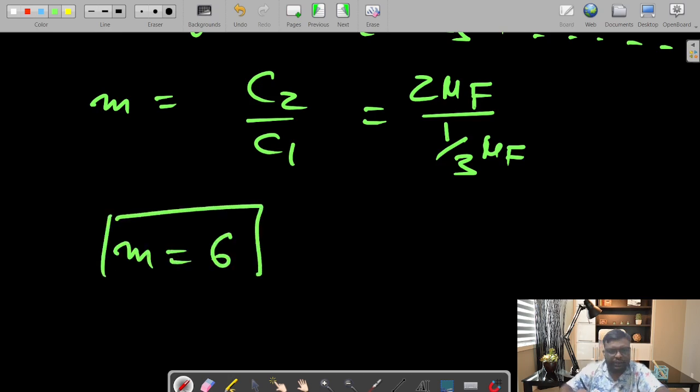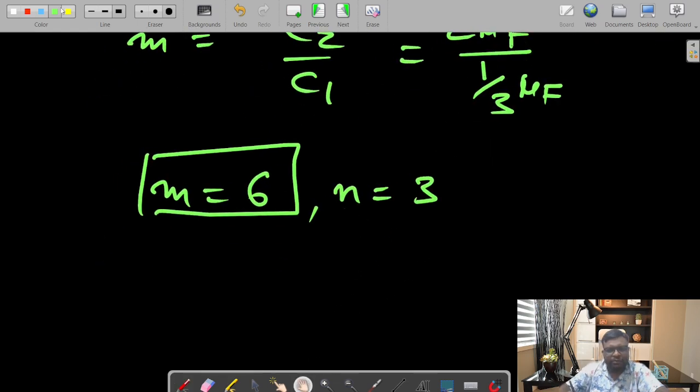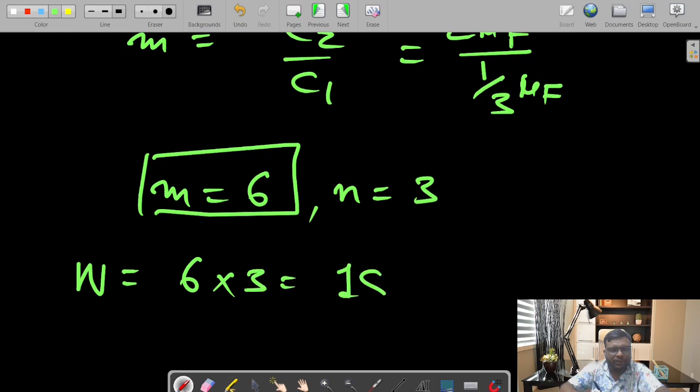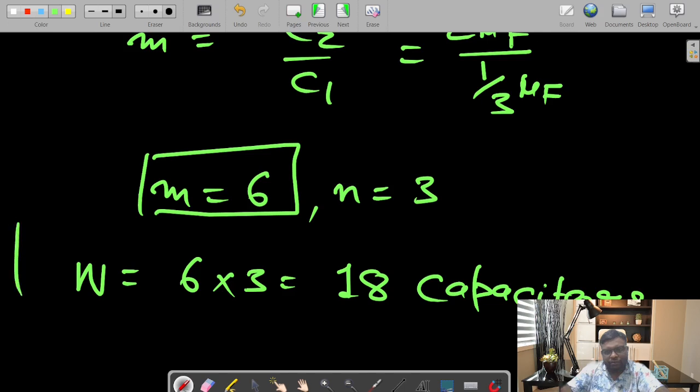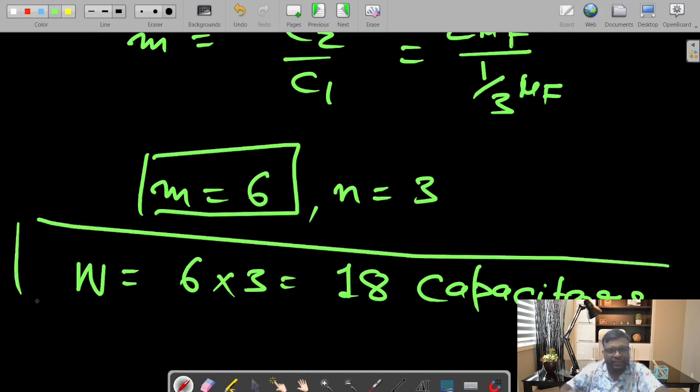So here we have got that the minimum number of rows should be 6, and 3 capacitors are arranged in each row. So the total number of capacitors, capital N, will become 6 into 3, that is 18. So we have got the total number of capacitors, and it is 18.